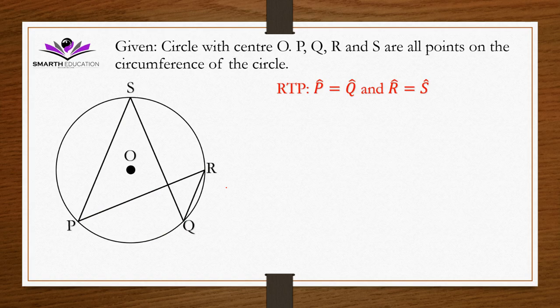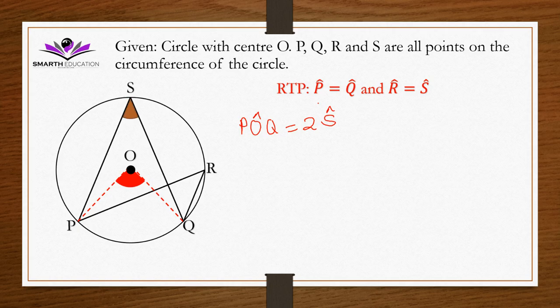Now, we want to prove that angle P is equal to angle Q and angle R is equal to angle S. Let's start with angle R and S. So we do our construction, which is PO and QO, and then we can say this angle at the center, angle POQ, is equal to 2 times angle S. It means it's 2 times this angle here.